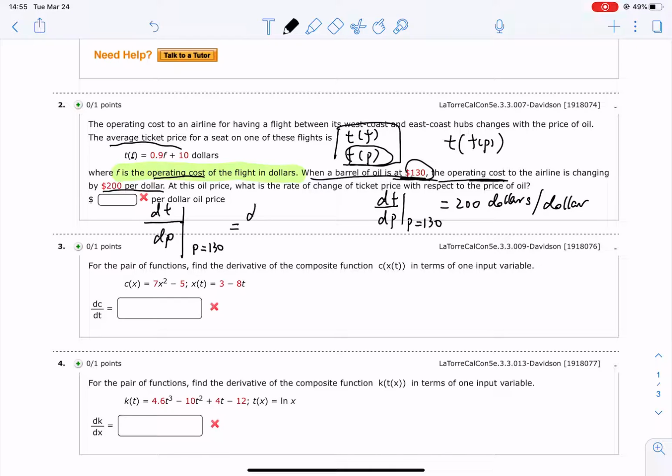dT dp just equals dT df multiplied by df dp. For the second one, df dp, we know p is $130.